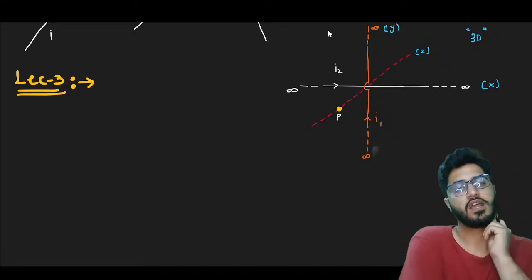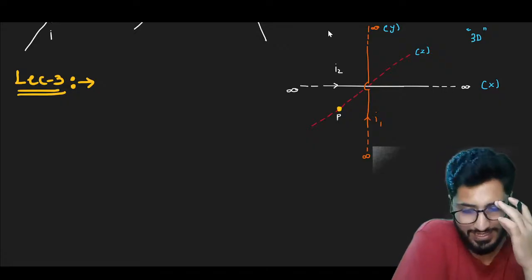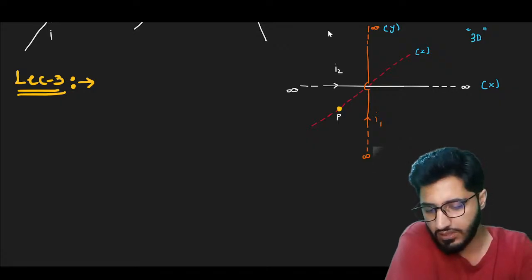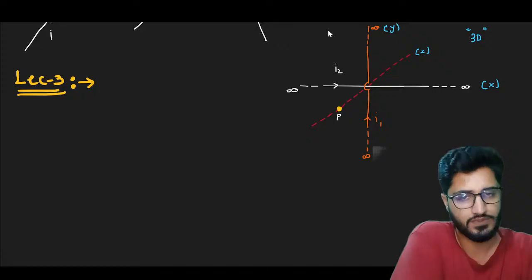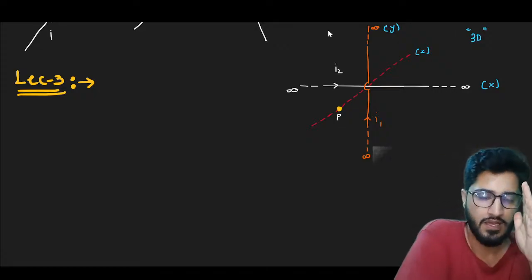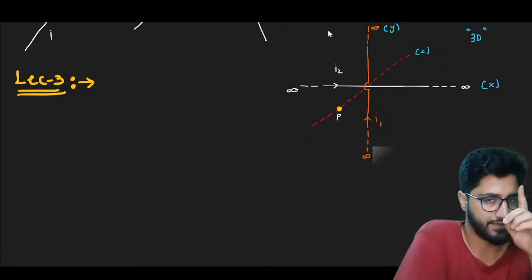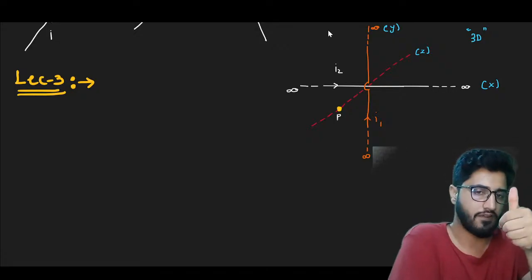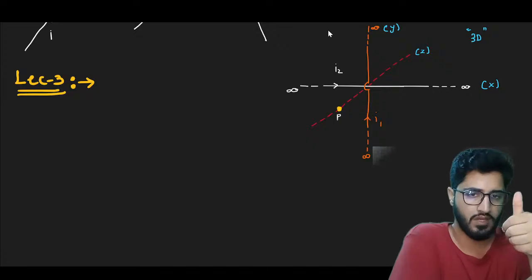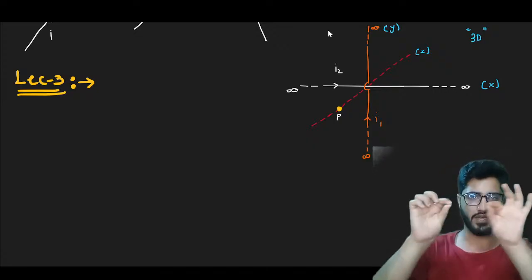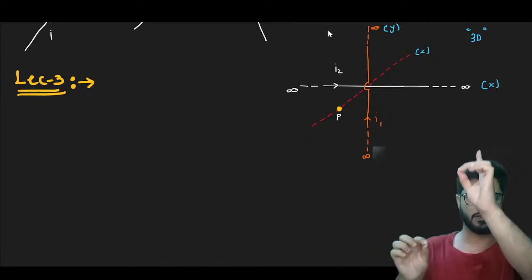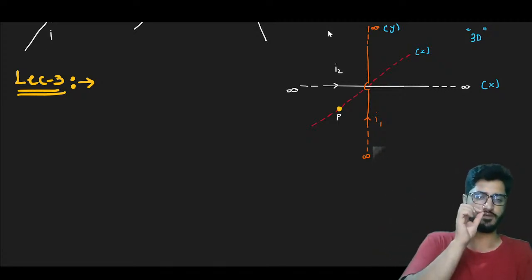Now take your right hand to get the directional things. My I1 current is going upwards, so I will place the thumb in the upward direction. Now I need to get the magnetic field here. One wire is in this way, one wire is in this way, and the third point is here.